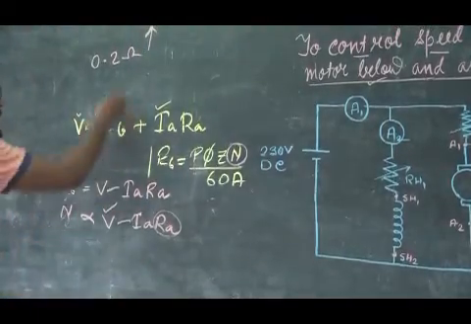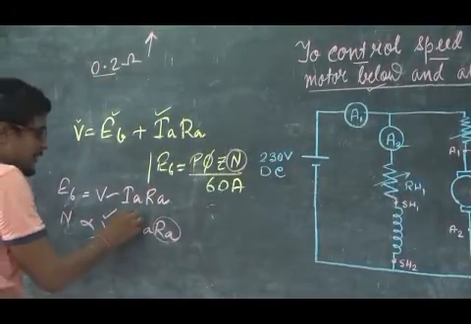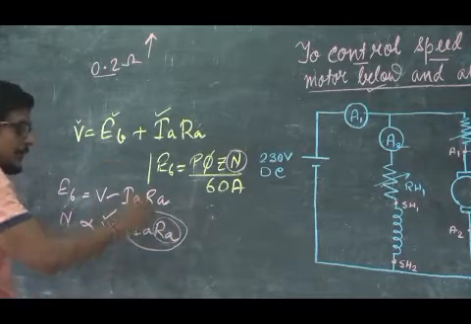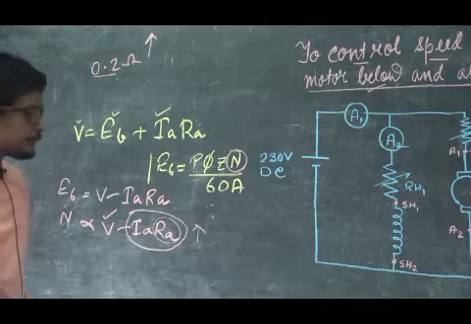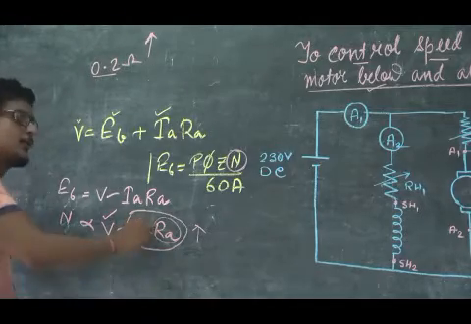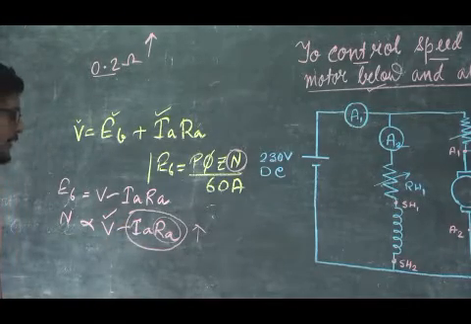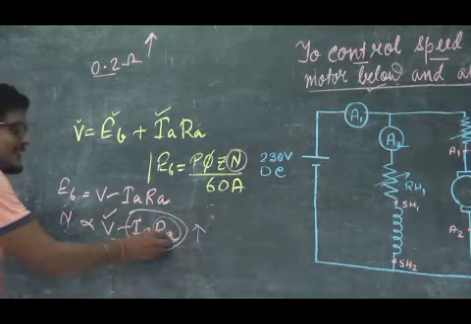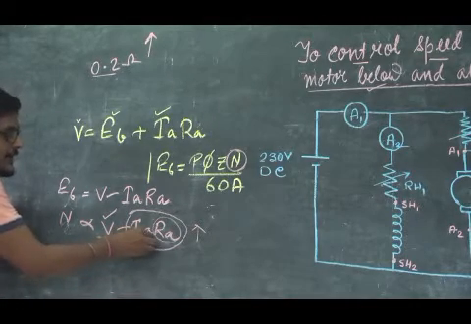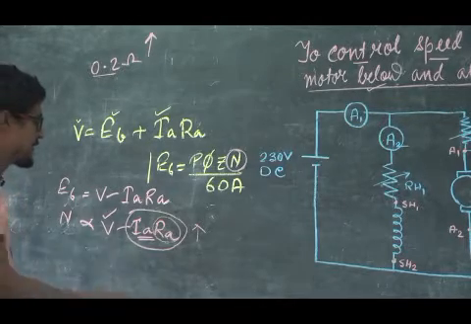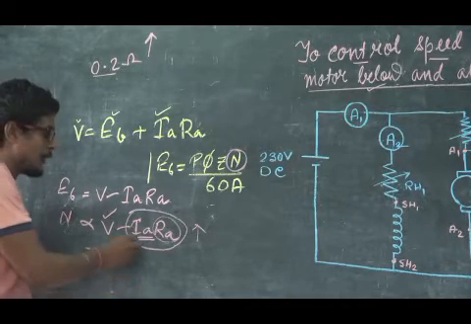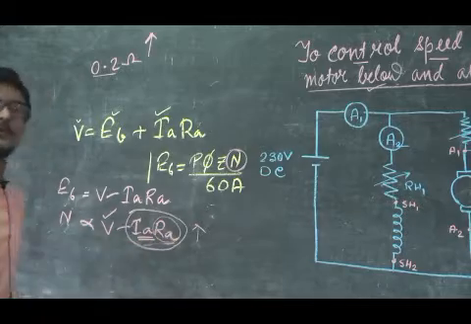If you are adding resistance across the armature, the term IA into RA will go upwards. With the rise in resistance, the armature current will also reduce, but the reduction of armature current is so small that the overall value of IA RA actually increases.